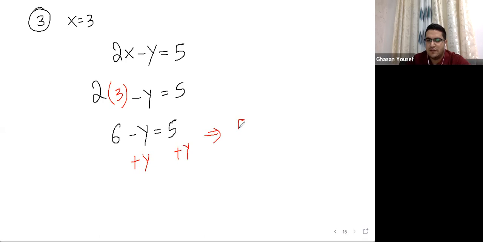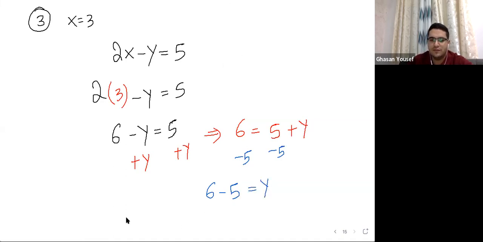You will get 6 equal 5 plus y. Now subtract the 5 from both sides. You will get 6 minus 5 equal what? y. So what's the value of y? It is 1. So x equal 3 and y equal 1.